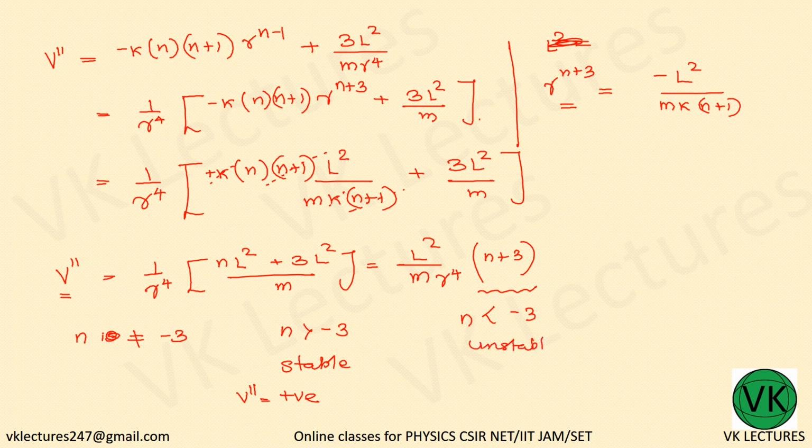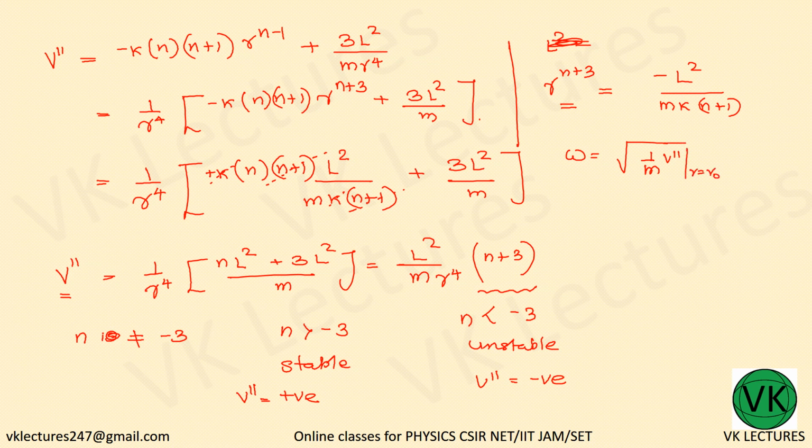Now why is it unstable? V double dash is negative. Now why should v double dash be positive? Because we know that the frequency omega is equal to under root, so omega is equal to 1 by m times v double dash at r equal to r naught.